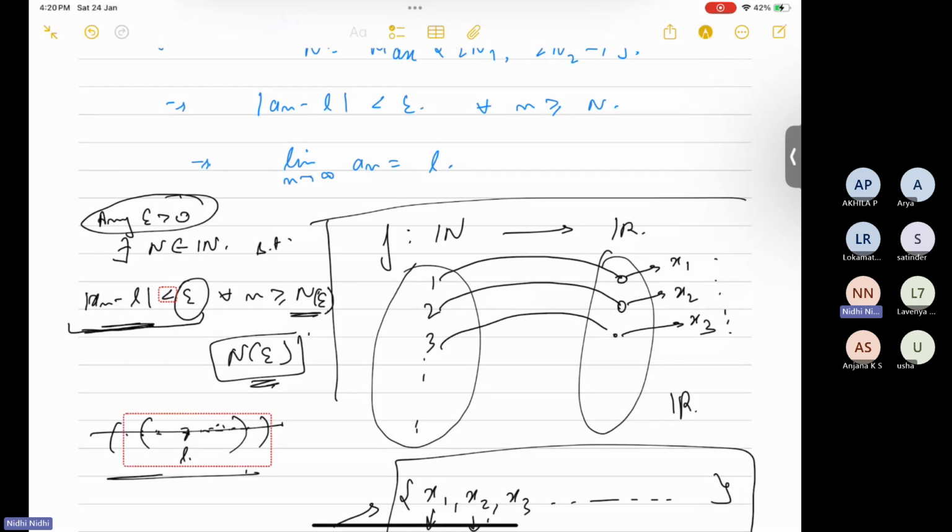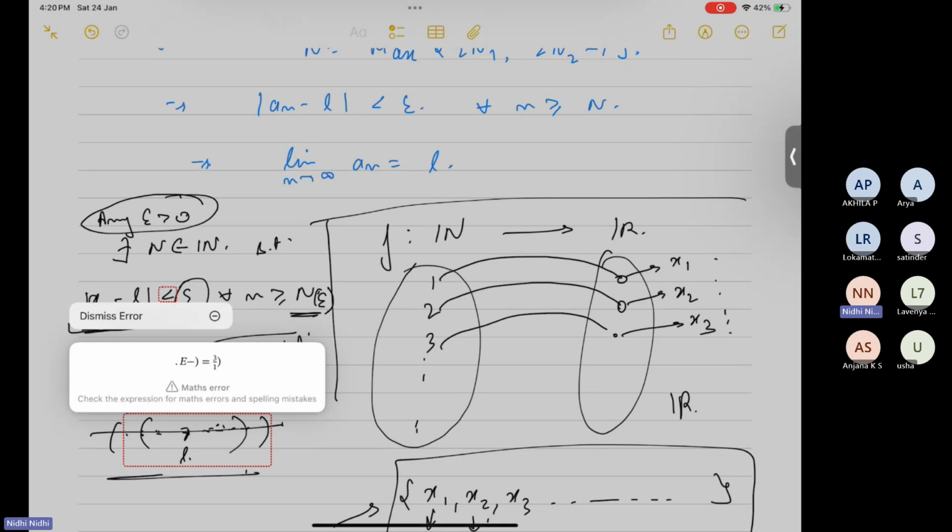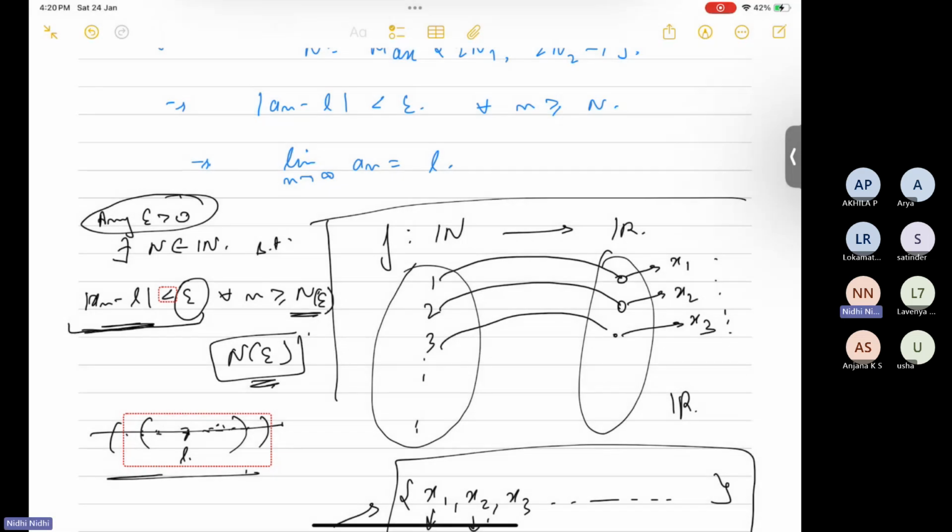Then also I should be able to find an infinite number of elements over there, after a stage, almost all elements. Then if I make epsilon even smaller, then also I should be able to get all the points. So this is how the notion of epsilon and N works. Epsilon can be anything. Corresponding to any epsilon, I should be able to find a stage N of epsilon, such that after that something is happening.